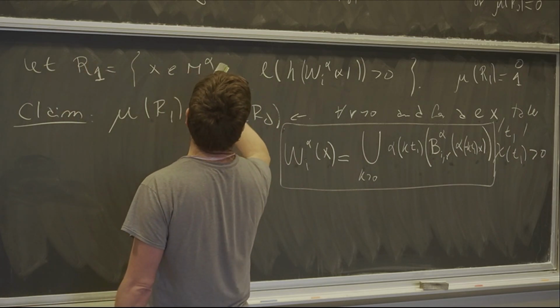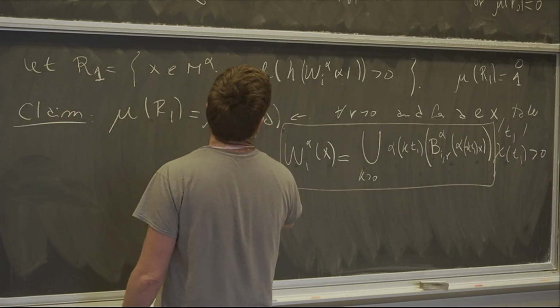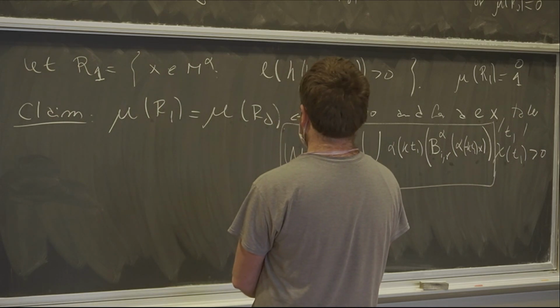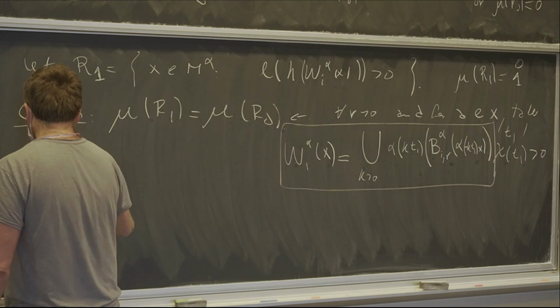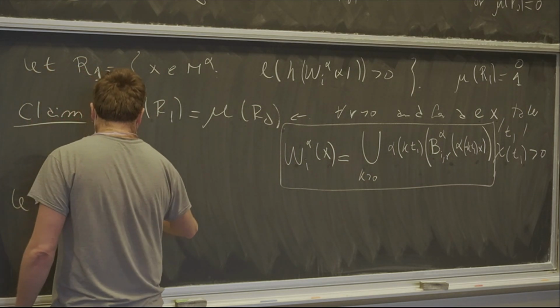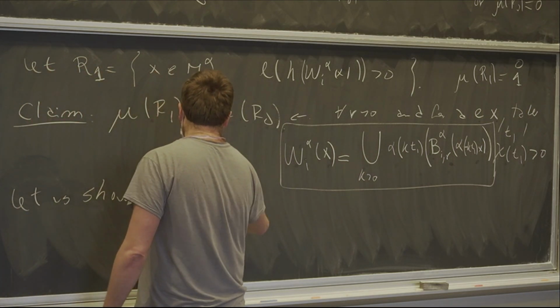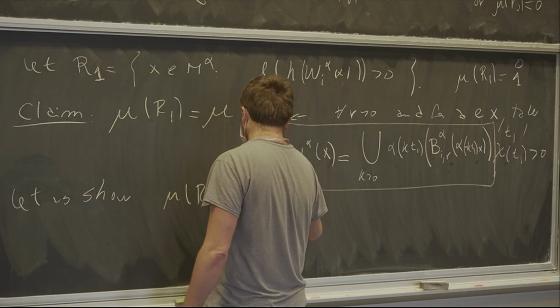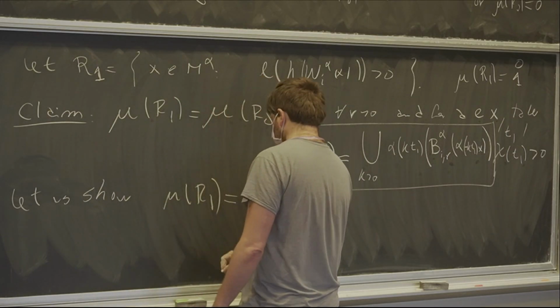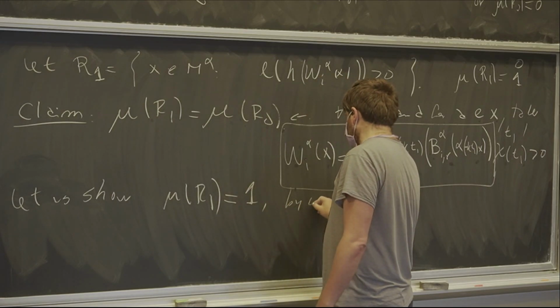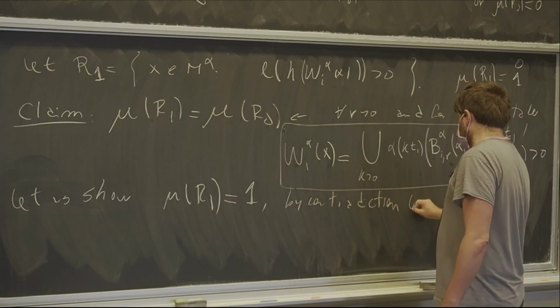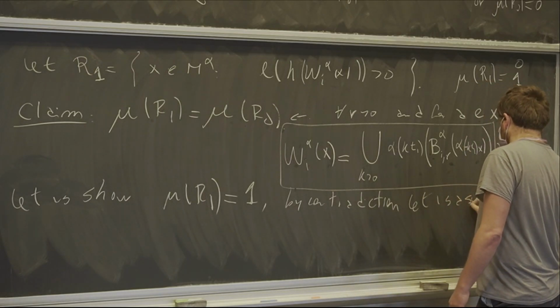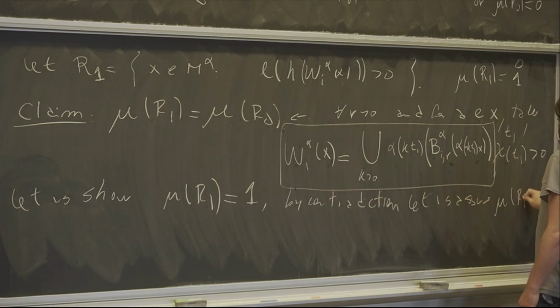No, this doesn't finish yet the proof of lemma 2. Wait a second. This is just telling me. So now let us show mu of R1 is 1. So by contradiction, let us assume mu of R1 equals 0.